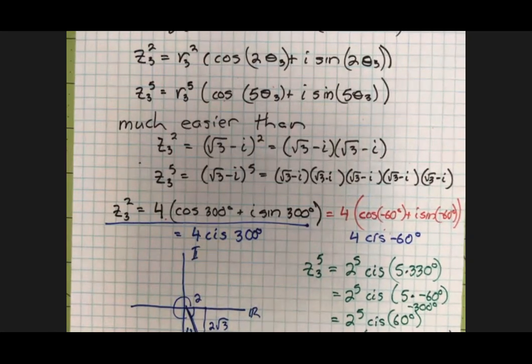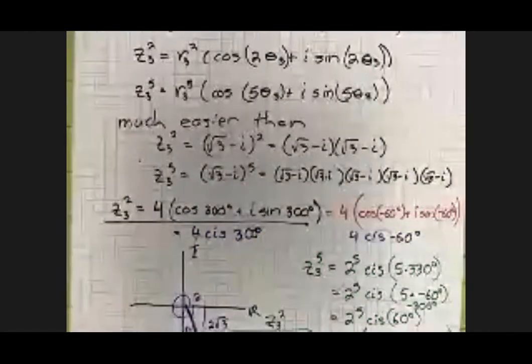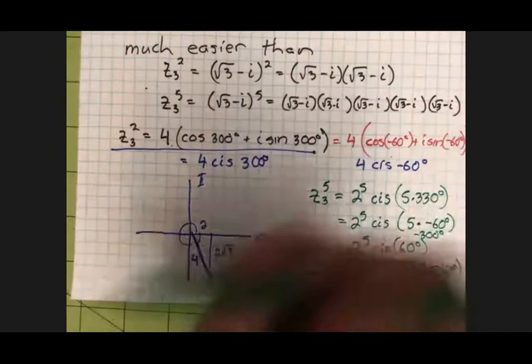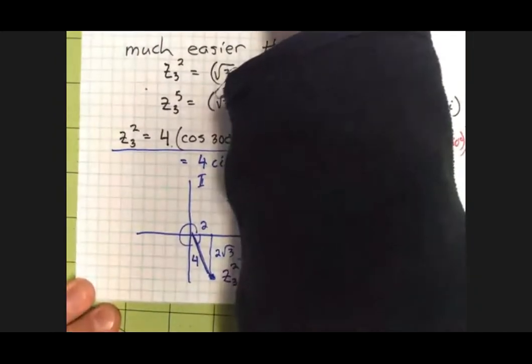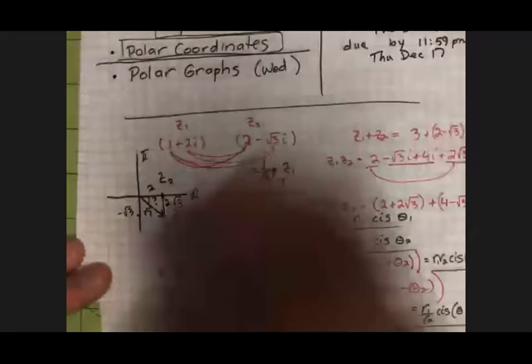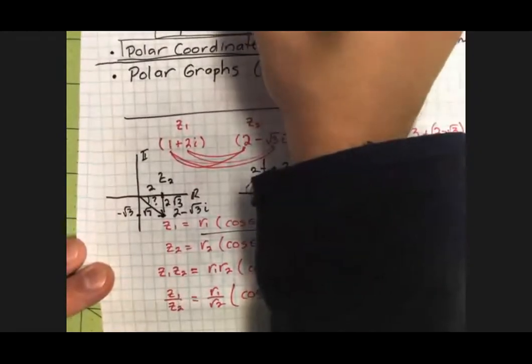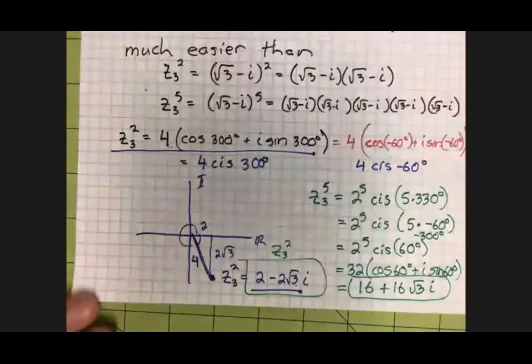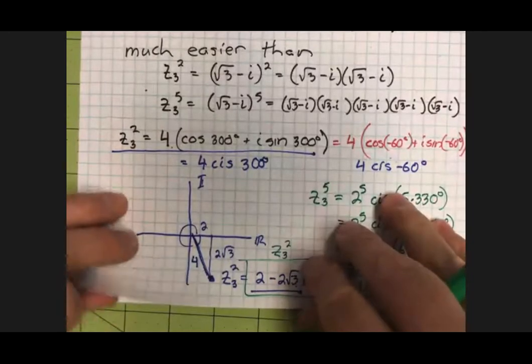So if we're telling the truth about z cubed squared and z cubed to the fifth, I can check it instantly on the calculator. Okay, my fault. I'm not advancing this paper nicely. Let me number the papers so we keep track of them. Okay. Let's go check this out on the calculator.